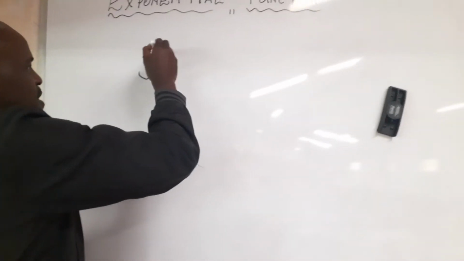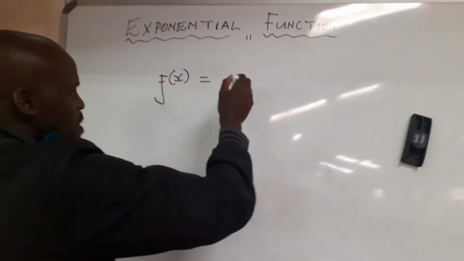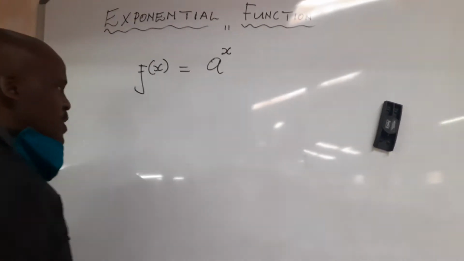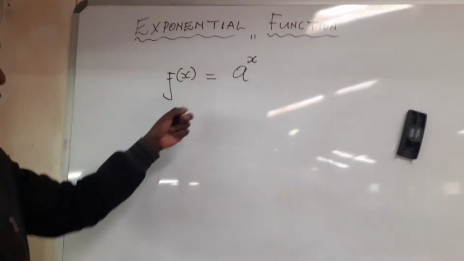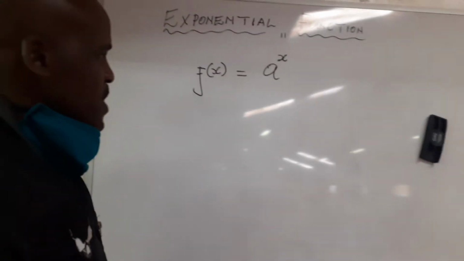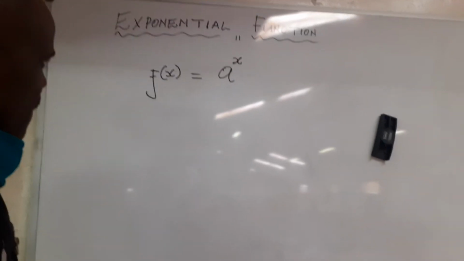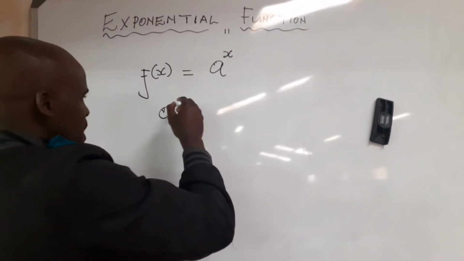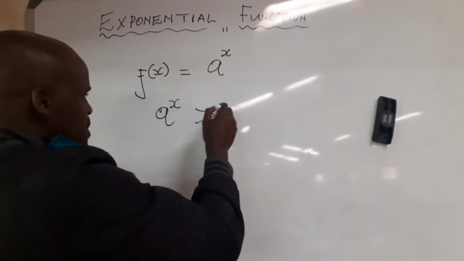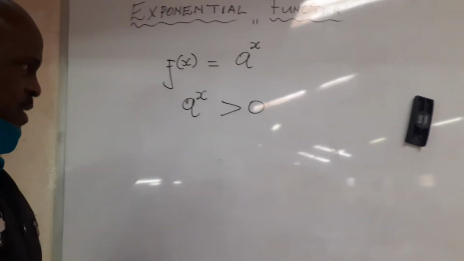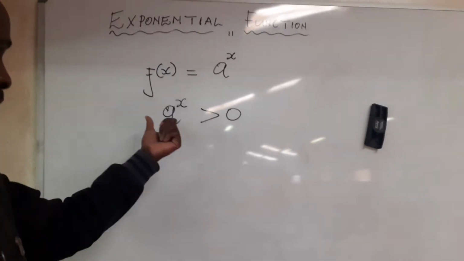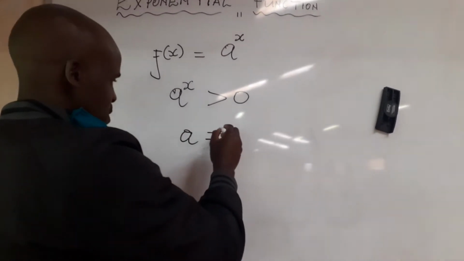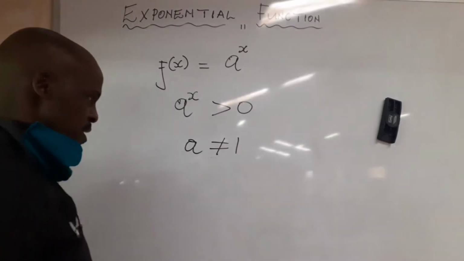It's a function, f at x is equal to a exponent x. For this to always exist, we are saying a exponent x must be always positive. That's the first thing. Secondly, a must not be equal to 1.